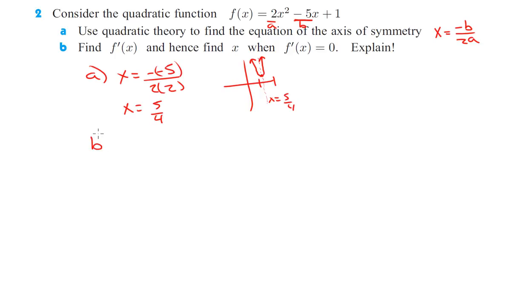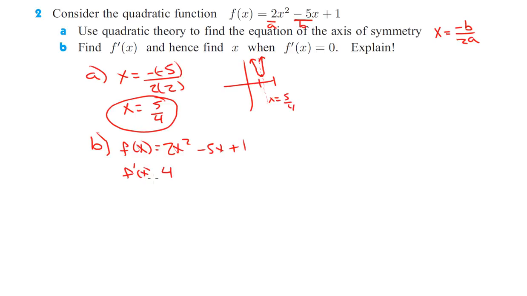Okay, part B, again, that's a little bonus coverage there. We really only had to find this. Okay, part B, find f prime of x. So we're going to find the derivative of this, right? So f of x is 2x squared minus 5x plus 1. So the derivative, 2 times 2 is 4.